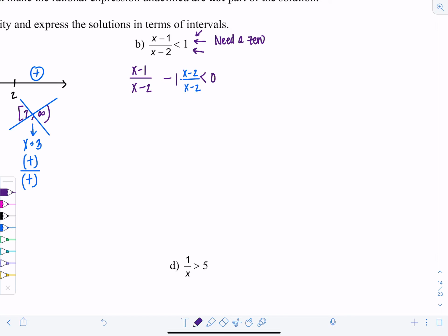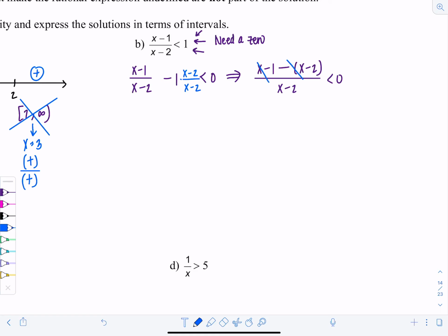So now we have here x minus 1 minus 1 times x minus 2 over x minus 2 is less than 0. And then let's clean up the numerator. So x is going to cancel.